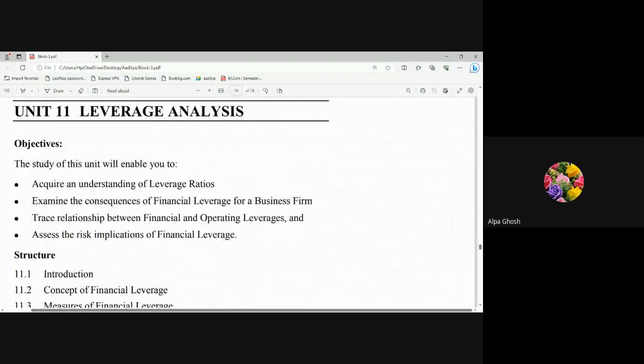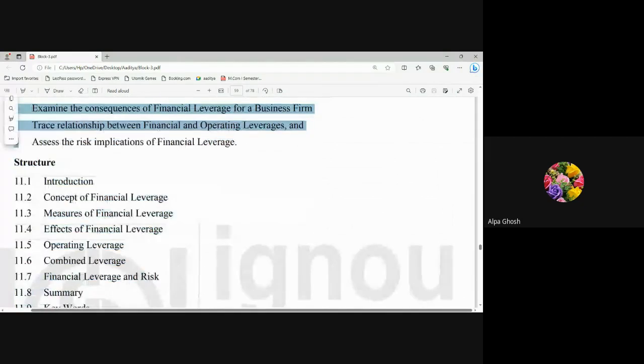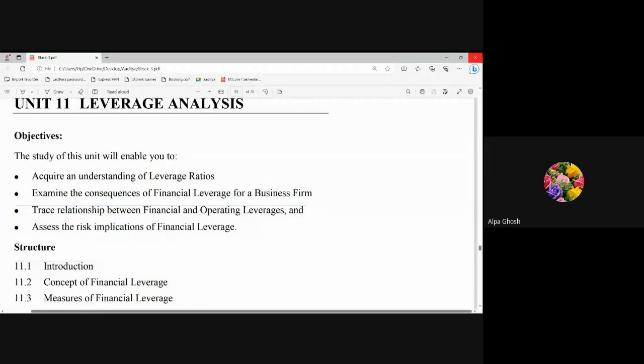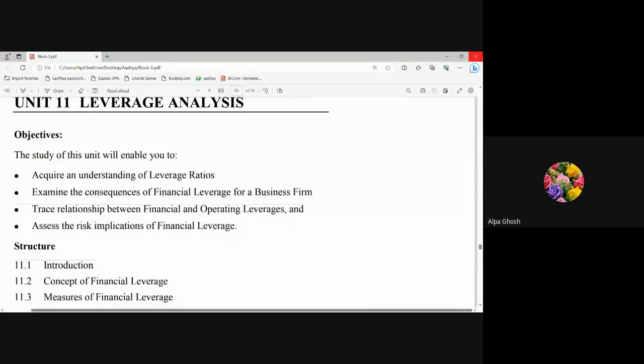So this is your leverage analysis, the last unit of block 3. We need to understand the ratios of leverage. Leverage is what? Trading on equity. Leverage is the use of more and more debt in the business.